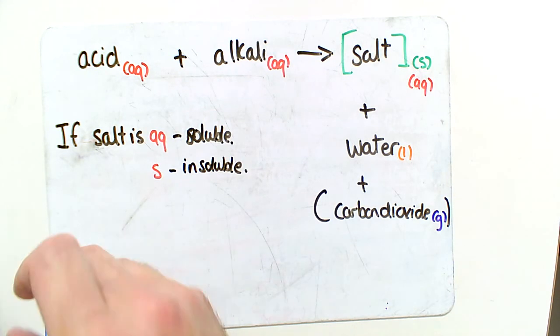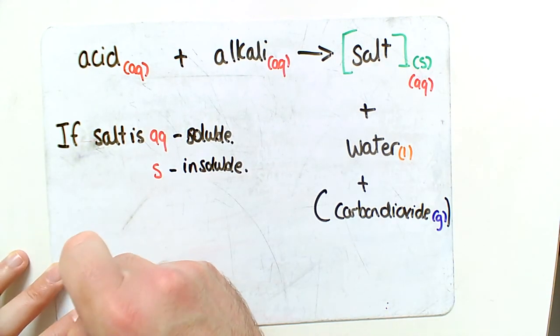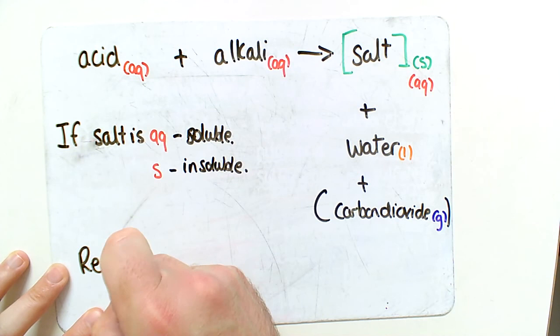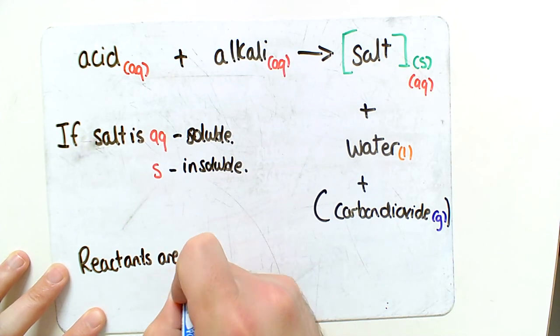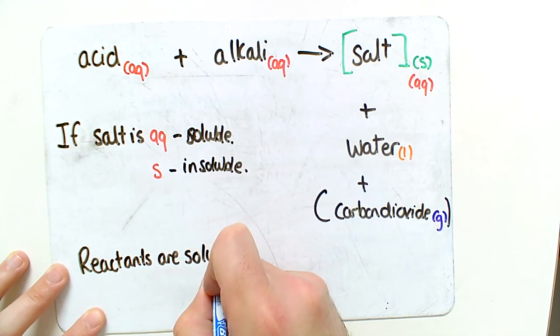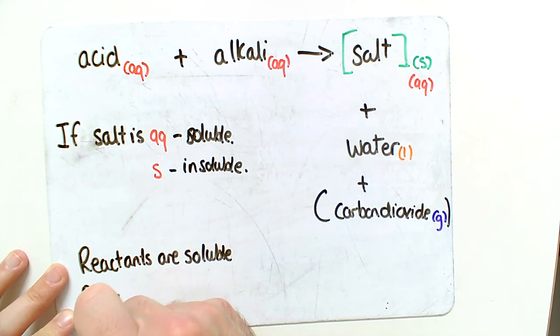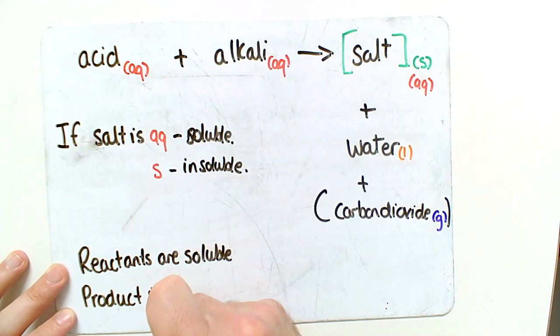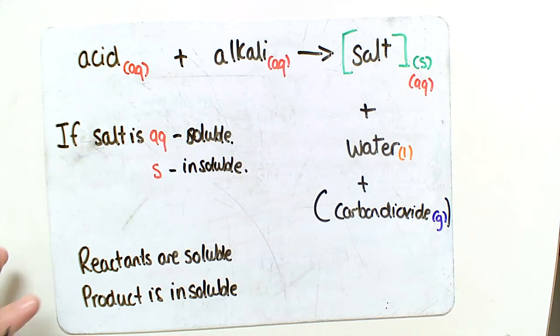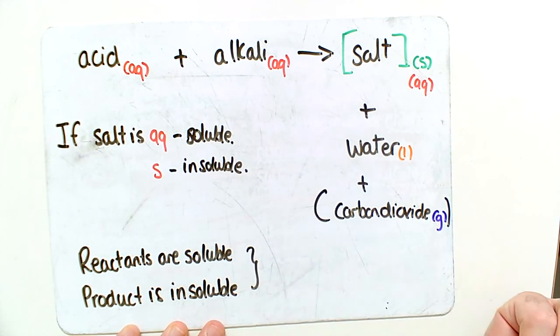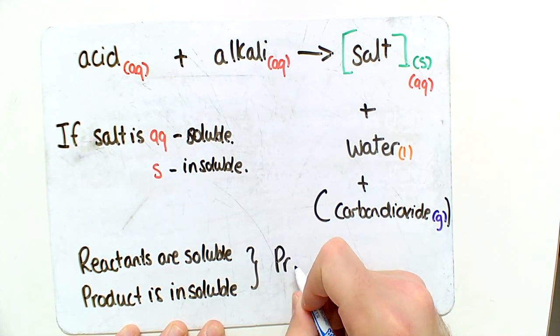And if our reactants are soluble, but our product is insoluble, we call that a precipitation reaction.